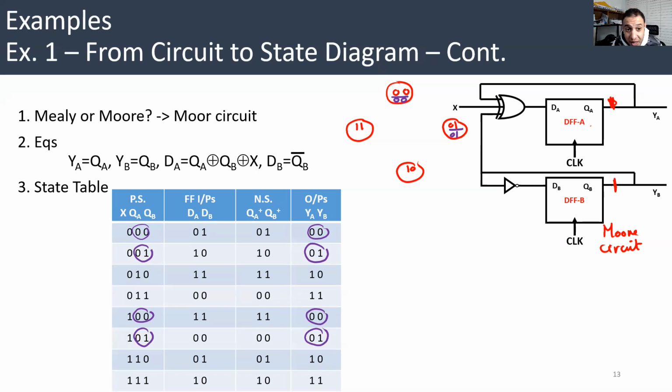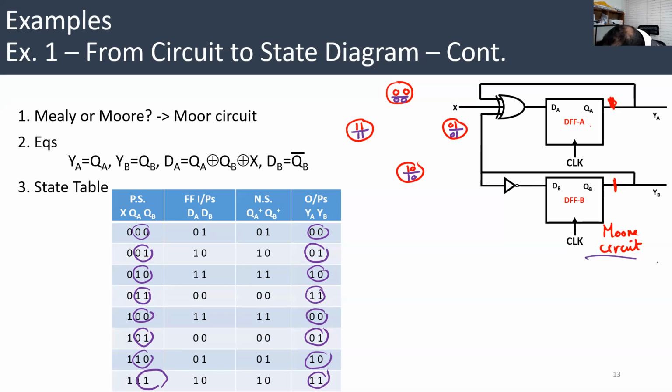When QA and QB are 1, 0, YA and YB will be 1, 0. Finally, when QA and QB are 1, 1, YA and YB will be 1, 1 as well. So finally, 1, 1.